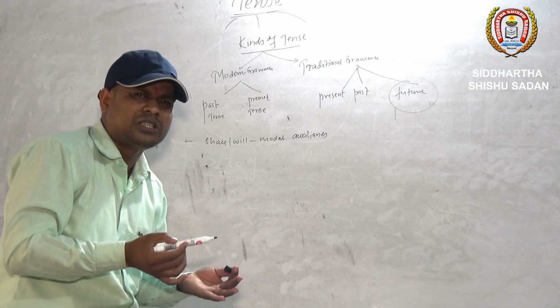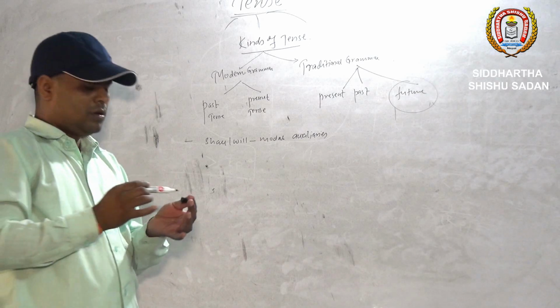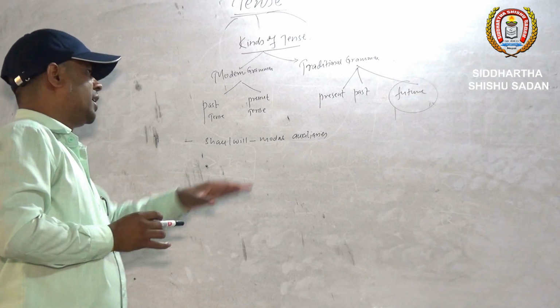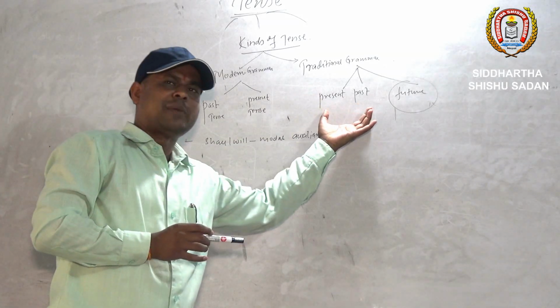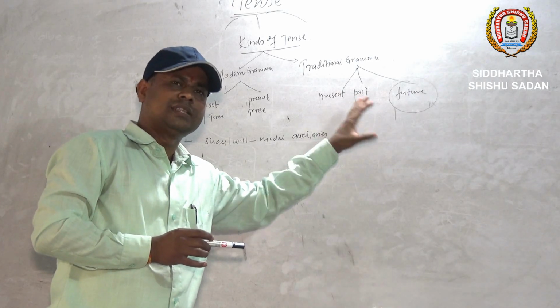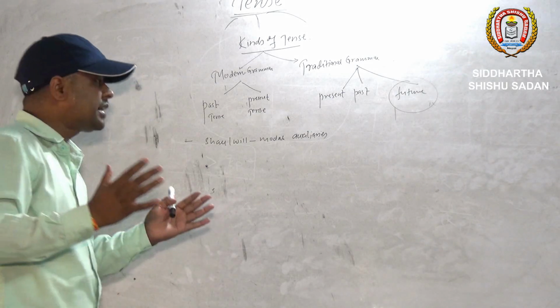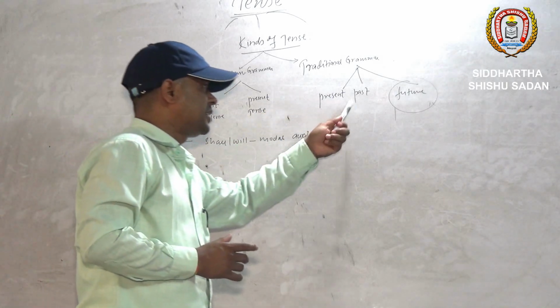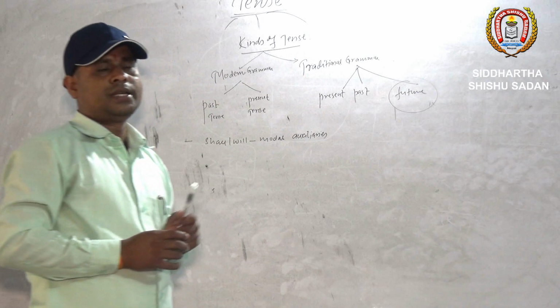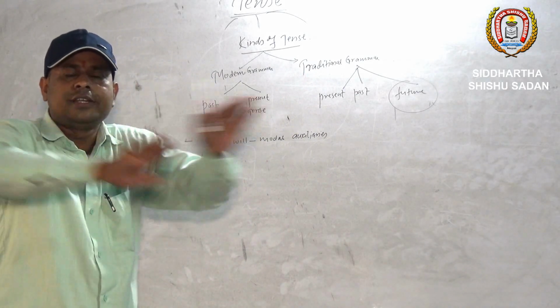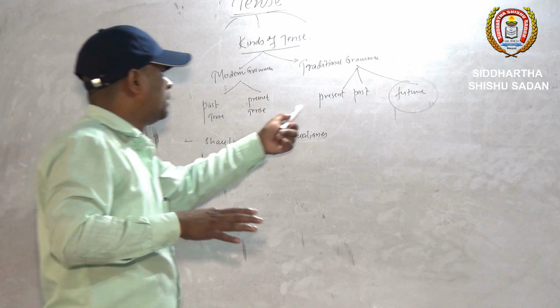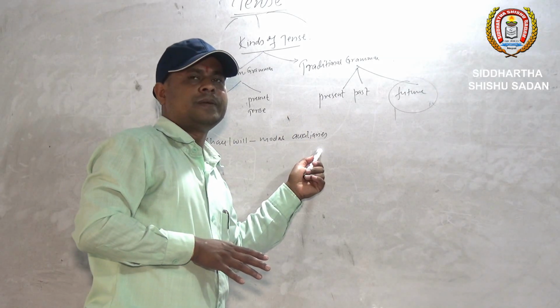Still we talk about shall and will. So we will read according to traditional grammar and grammarians. There are three kinds of tense: present tense, past tense, and future tense. And each tense has been divided into further 4 subdivisions.